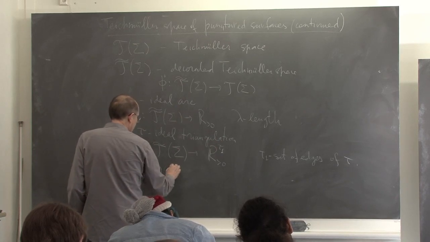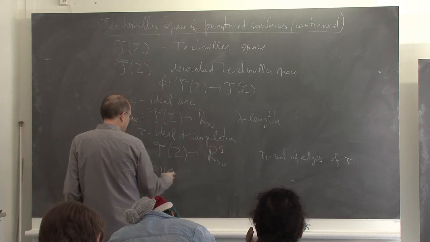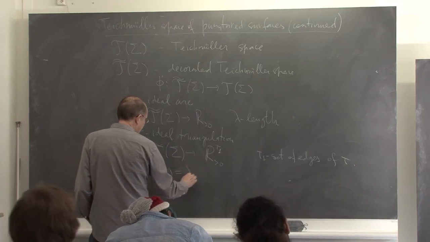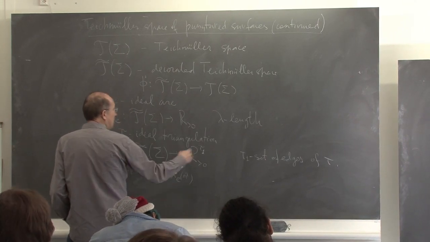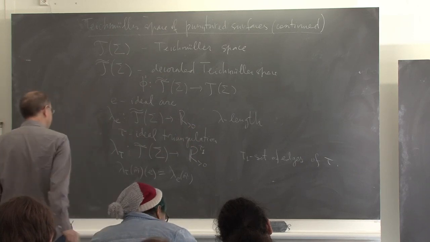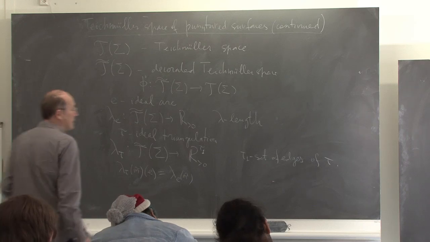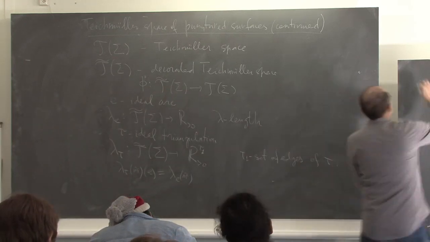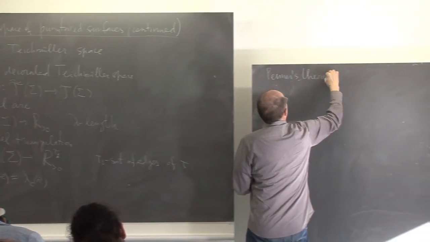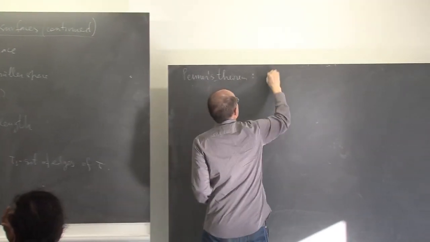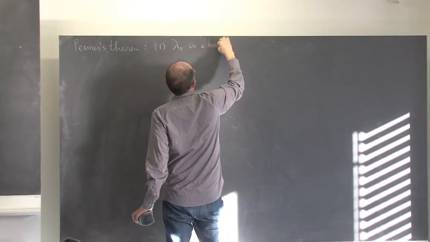So when we apply this image to an edge, we get a positive number, and this is given by the lambda length of E. Then the Penner theorem consisted of 4 parts. It said the following things. So lambda tau is a homeomorphism.